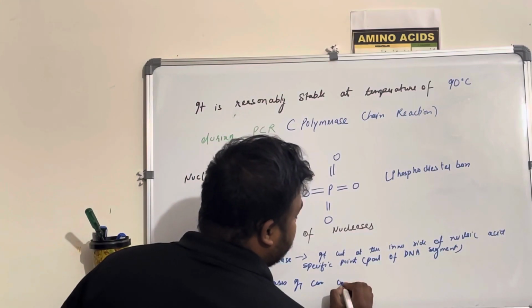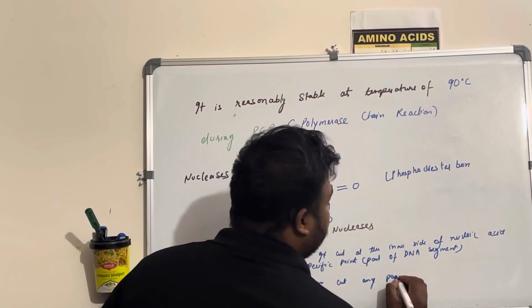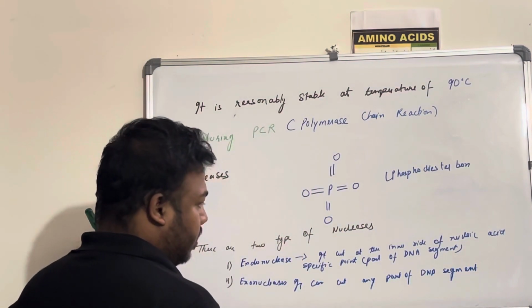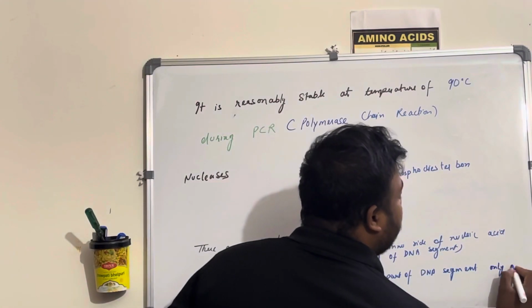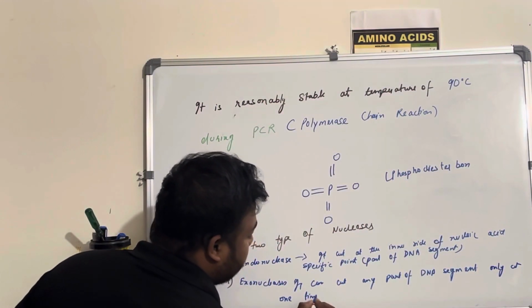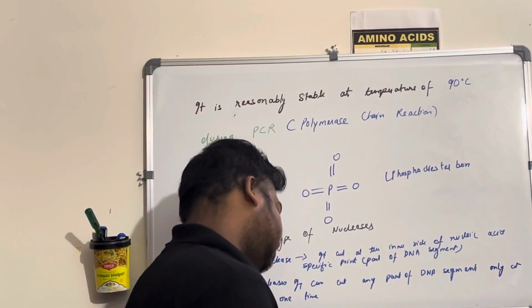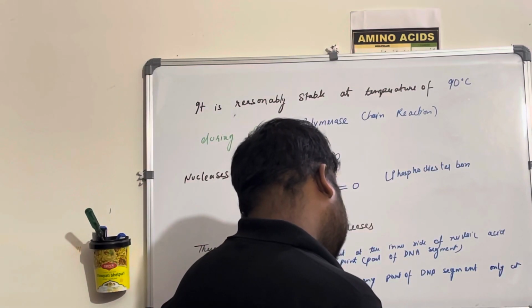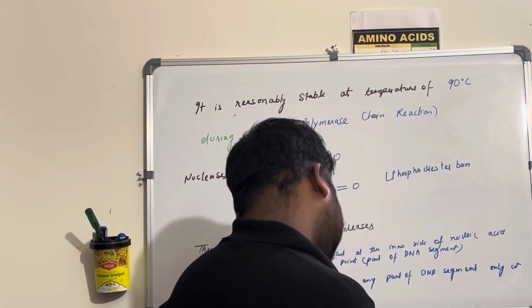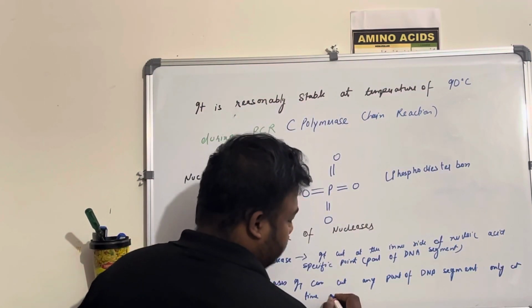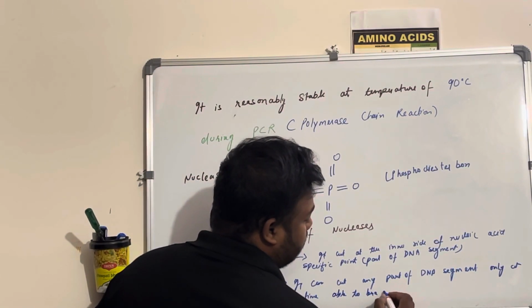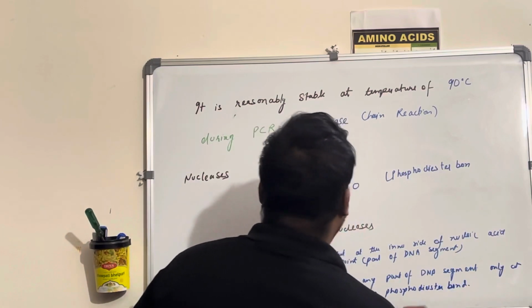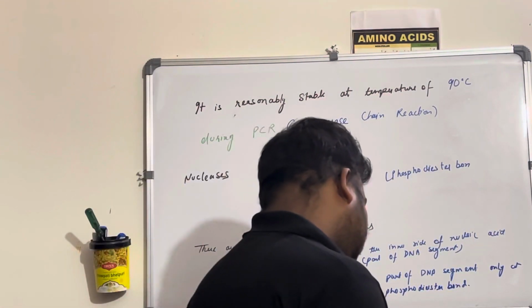It can cut any point or part of a DNA segment, only one at a time, and is able to break the phosphodiester bond. Okay.